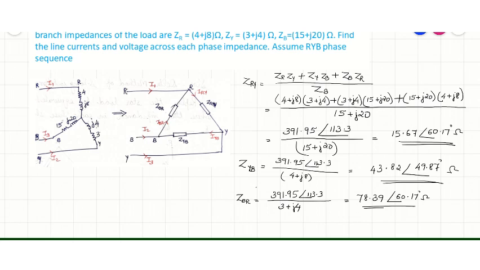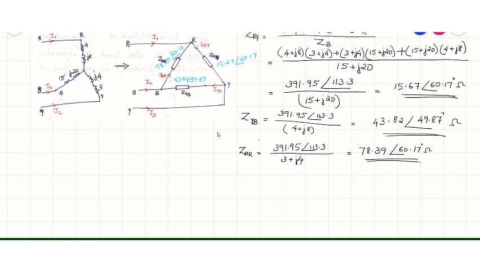So we got the values for ZRY, 15.67 angle 60.17, then ZYB and ZBR. The impedance values are written in the figure.